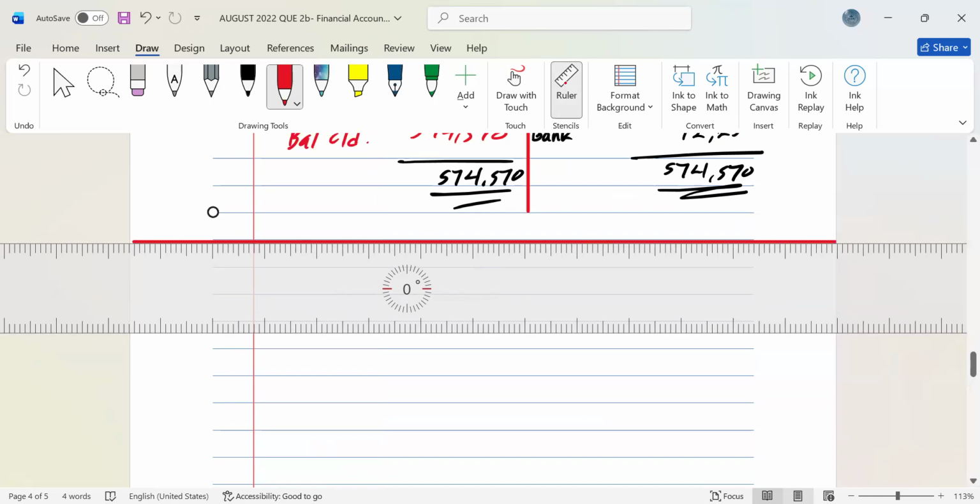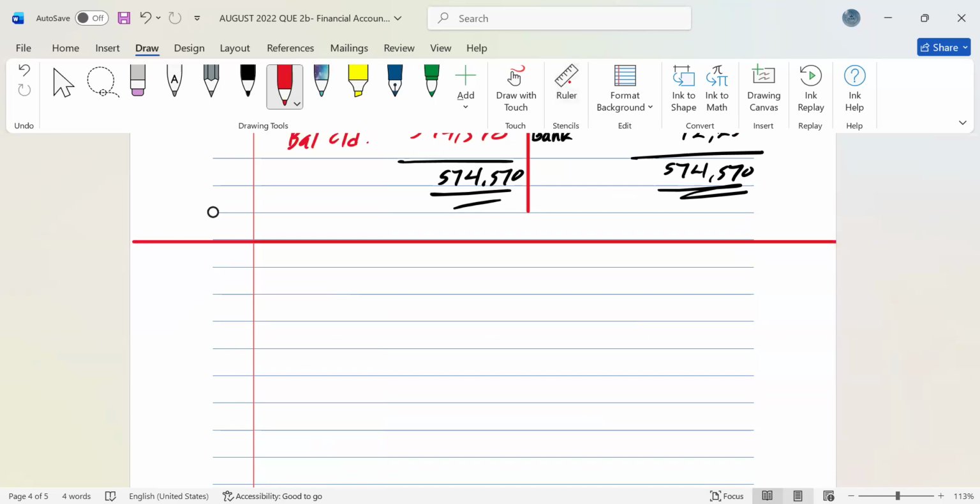So the next item here that I want us to have is to come up with a format.